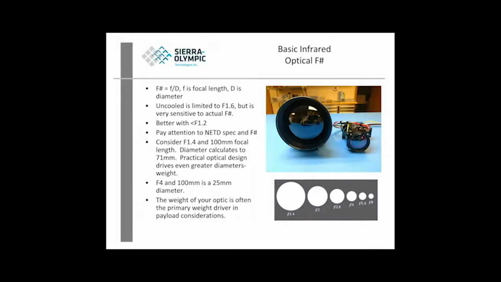You have to have points to grip the optic and everything else, and then you have to take care of temperatures or expansion due to temperatures. So you can't really say that my optical system, if I'm at f1.4 and 100 millimeters, is going to be exactly 71 millimeters. It may be 80 millimeters, but that has to do with just holding the lens.